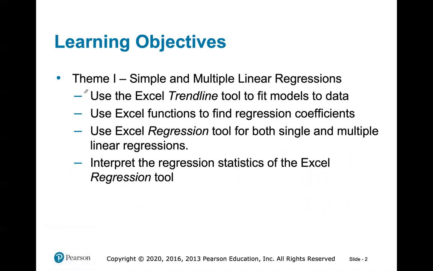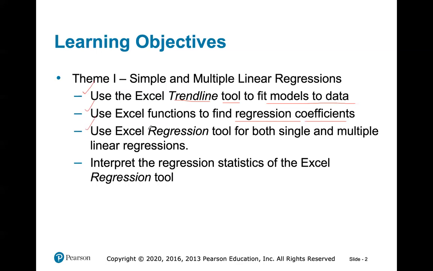First of all, we used the Excel trend line tool. I'll show you how to do it, to fit models to data. You're trying to fit models to specific data, and you might have to derive a relationship from the data. Then we'll also use Excel functions to find what we call regression coefficients, and I'll explain what regression coefficients generally are.